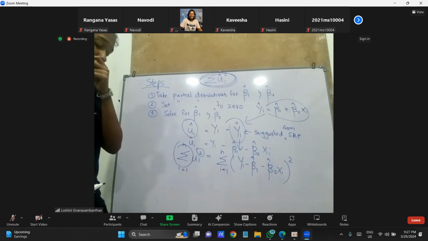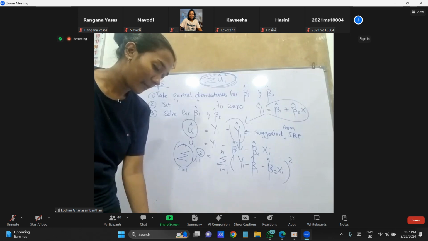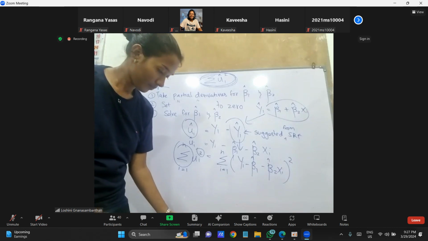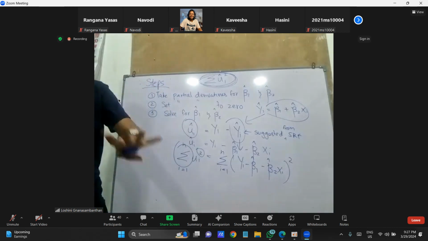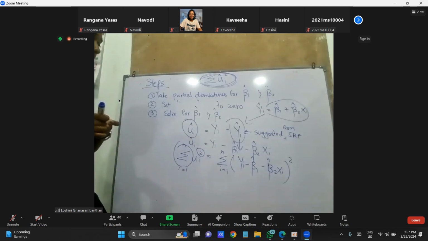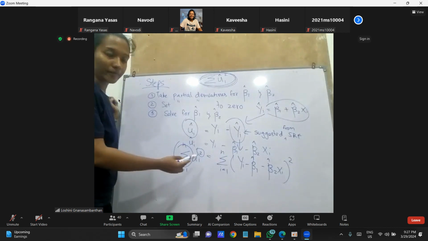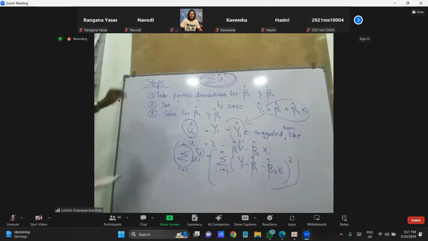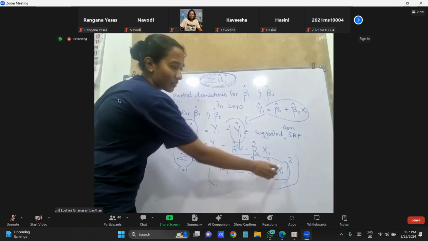Okay, the next step is that we are going to use the chain rule to follow this step 1. So what is the chain rule? I will explain. If you can see this equation, there is a function inside this bracket, right?